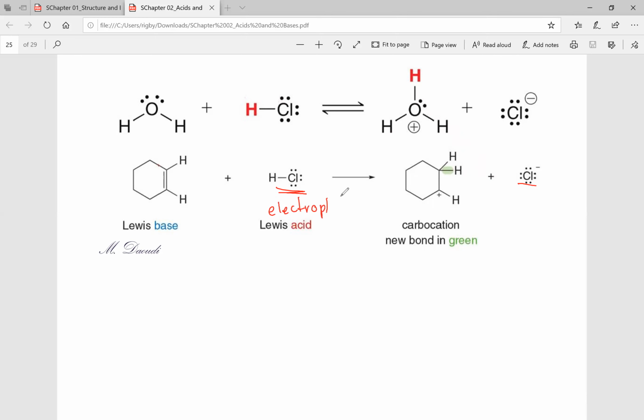We can see here that this cyclohexene gained a hydrogen from that double bond. It's the nucleophile. Oops, sorry, I wrote it on the wrong side. It should be the nucleophile over here. Okay, and this will make a lot more sense when we get into more organic reactions. It's just important to keep these terms in the back of your mind so you know what's going on.